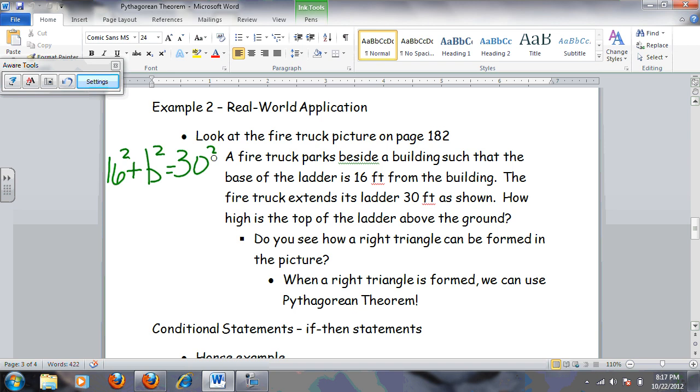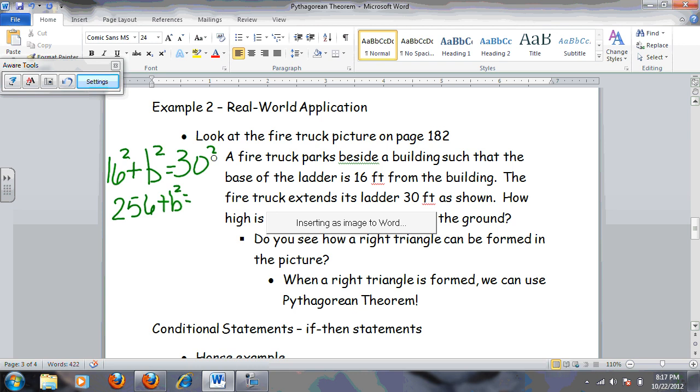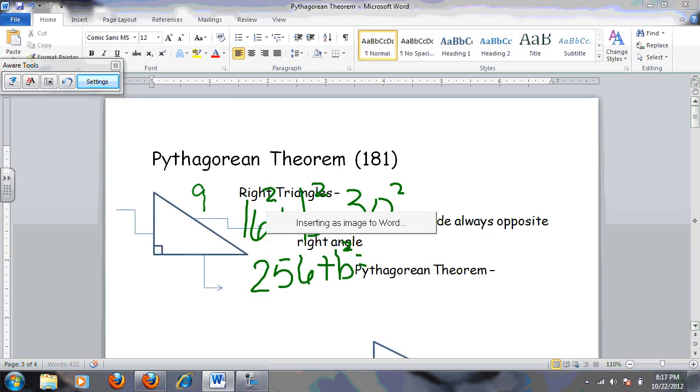Now that we've substituted these in, 16 squared, if you had that memorized, you would know that that is 256, plus B squared equals, what's 30 squared? If you had that memorized, you would know that it is 900. So now I have the equation 256 plus B squared equals 900.